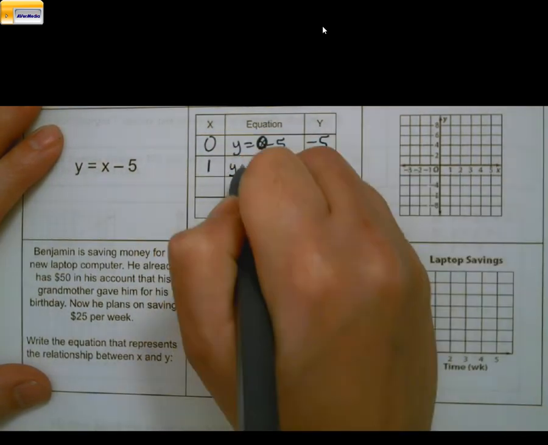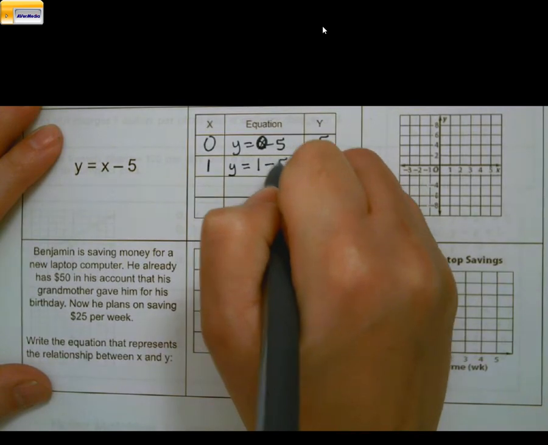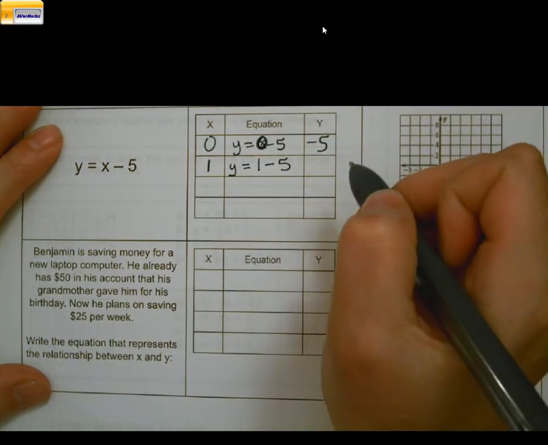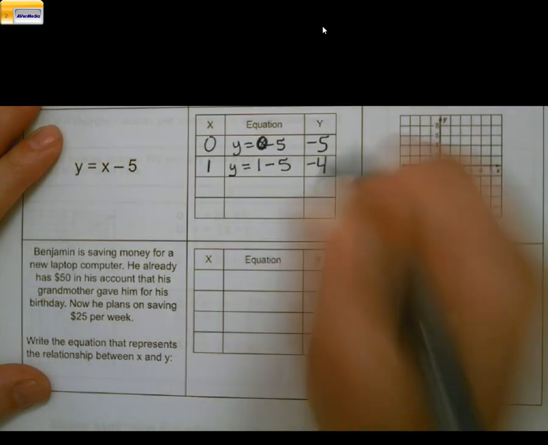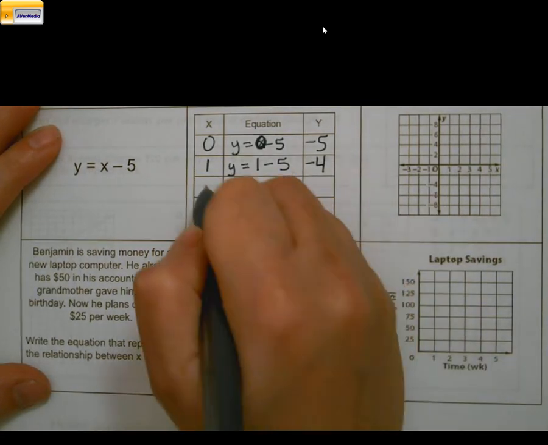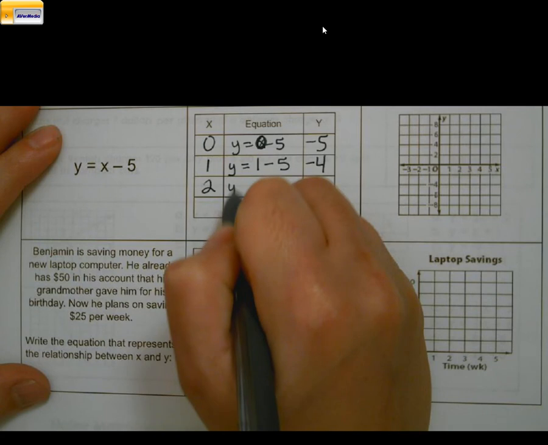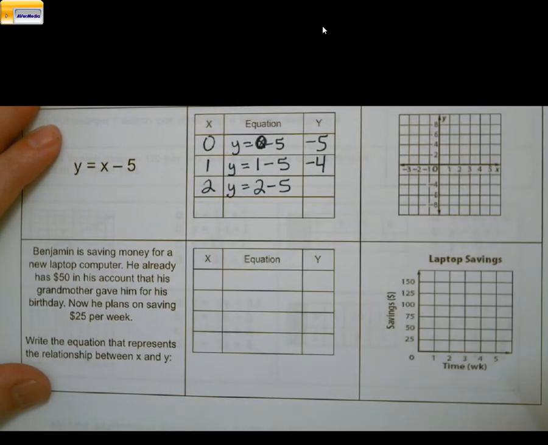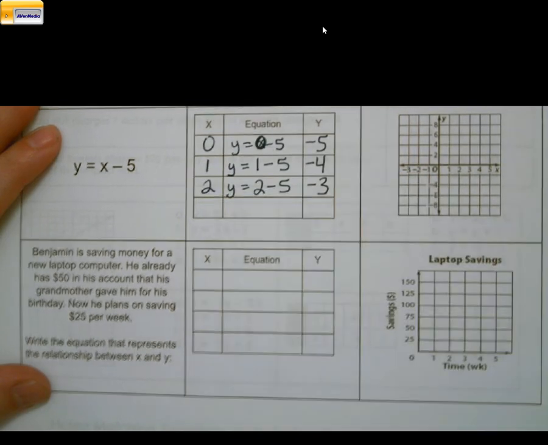So y equals 1 minus 5. 1 minus 5 is negative 4. So y is going to be equal to negative 4. Now let's try 2. So I have y equals 2 minus 5, negative 3.